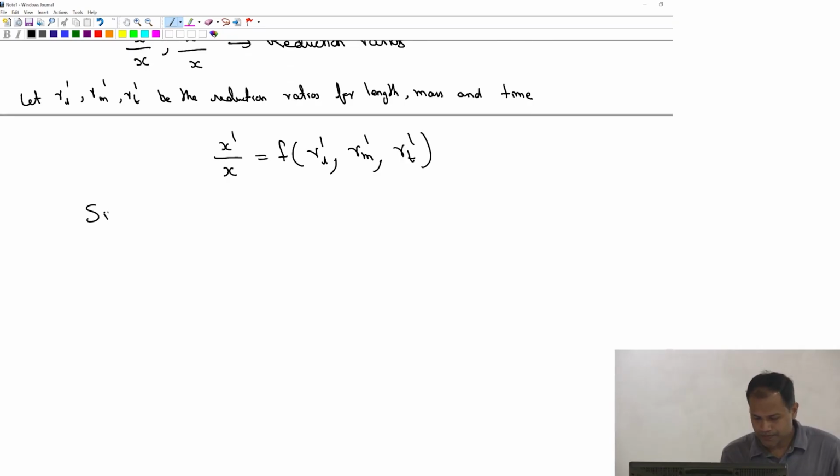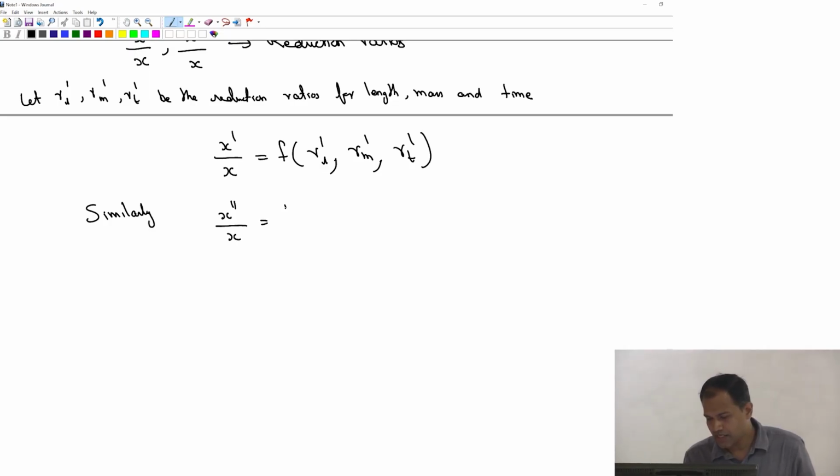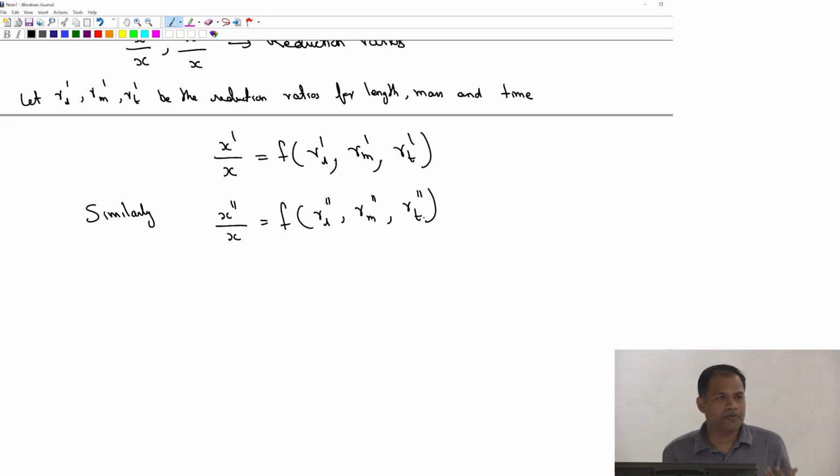Similarly, I could write x double prime by x is a function of R_L double prime, R_M double prime, R_T double prime, where R_L double prime, R_M double prime and R_T double prime are the reduction ratios when you are going from a unit system of u double prime to a unit system of u.